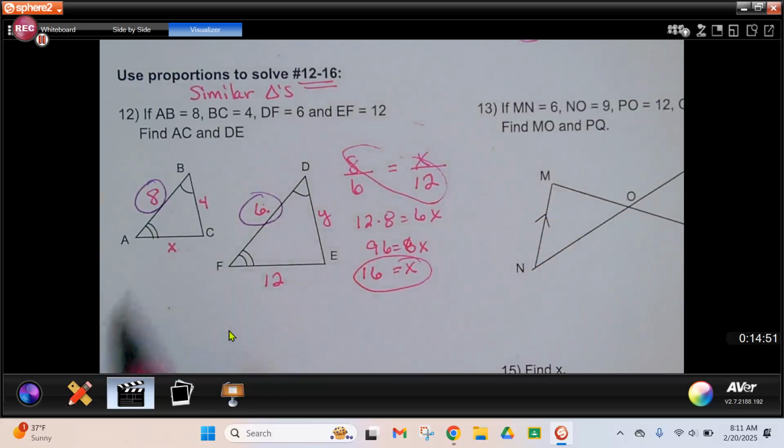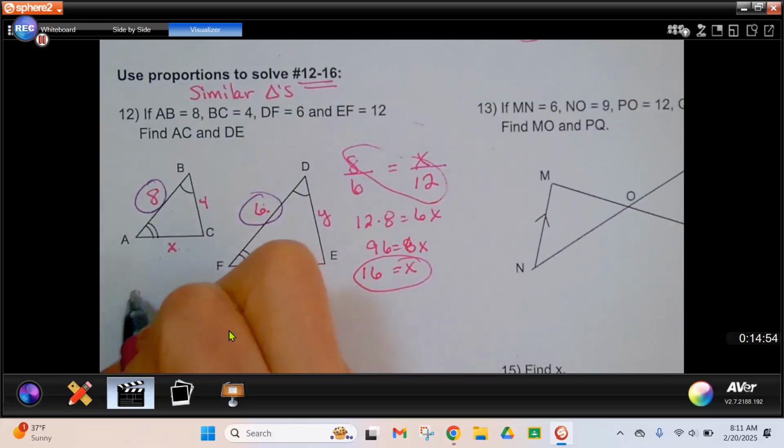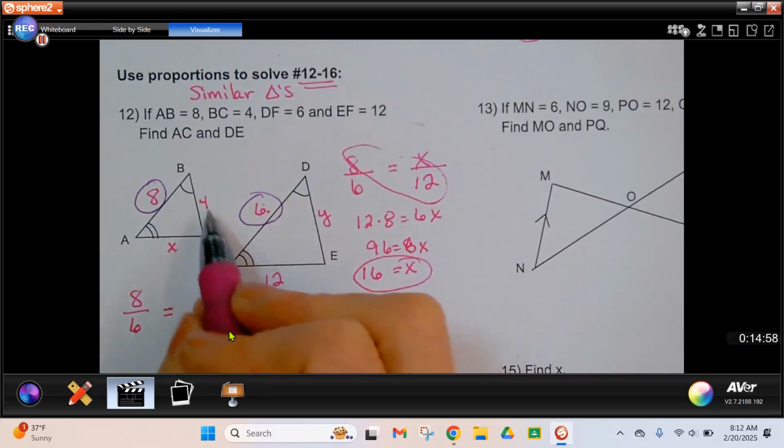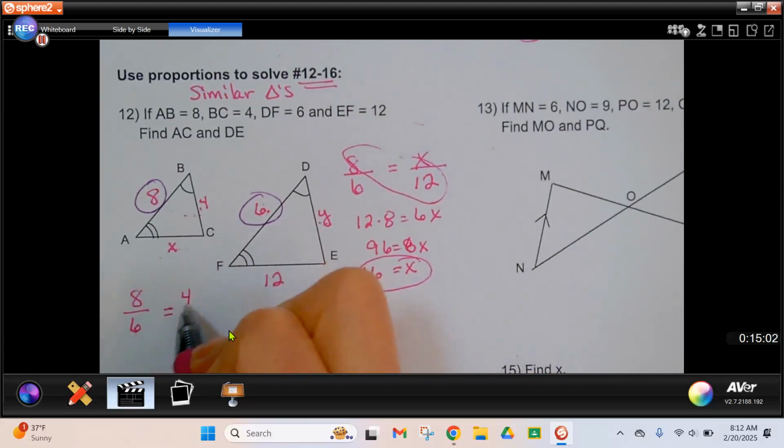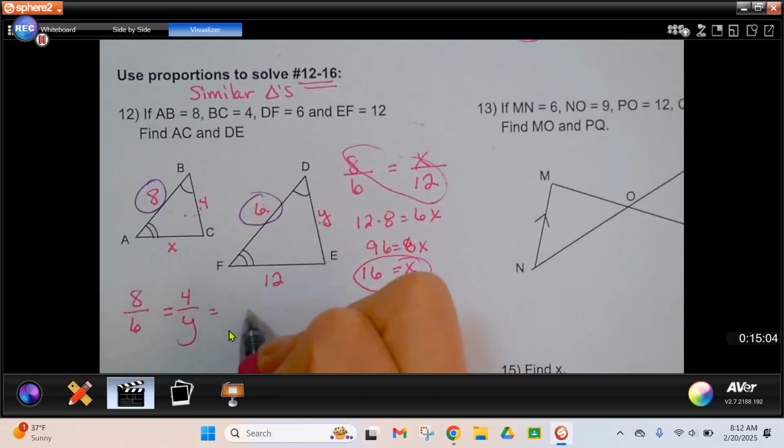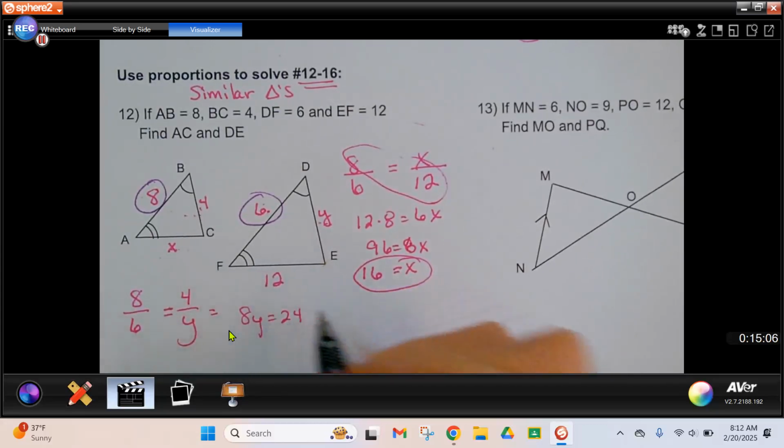Now we need to find y, so we'll use the same pair of corresponding sides. 8 goes to 6 as 4 goes to y. These are the corresponding sides we need to use now. So that's 8y equals 24. And divide by 8 and we get y equals 3.